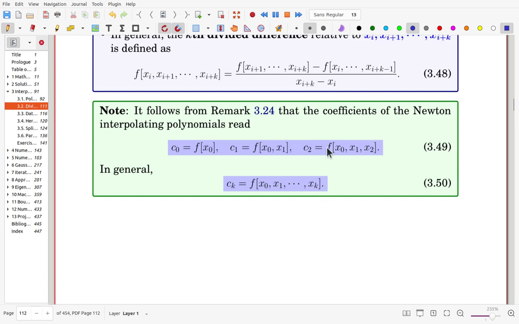This is around the value, for example, f's kth derivative divided by k factorial. So this is almost the kth derivative divided by k factorial. We'll see later the meaning and how these divided differences are related to derivative terms.